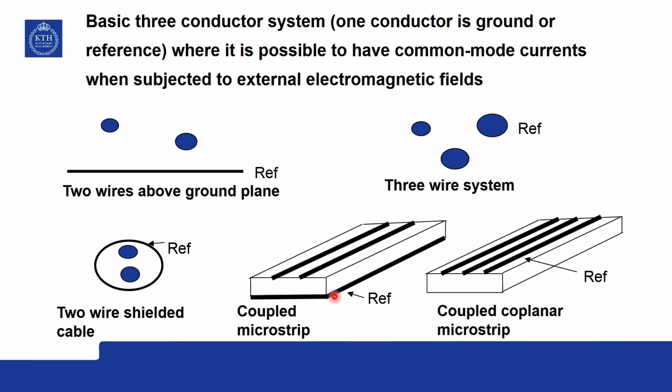All kinds of 3 conductor systems or even more conductor systems you can find, and there will be some common mode currents, because in EMC even microamperes can create disturbances. So, you will always encounter some common mode currents in all these types of systems. So, that ends module 2.